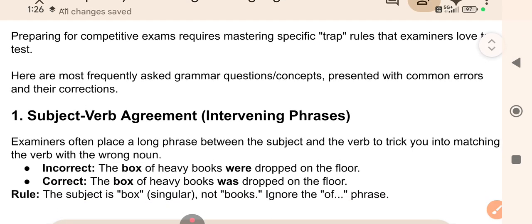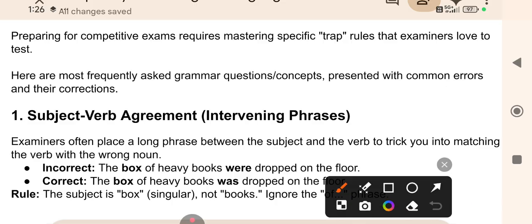Here we are going to discuss some of the concepts. Here are the most frequently asked grammar questions, concepts presented with common errors and their corrections.